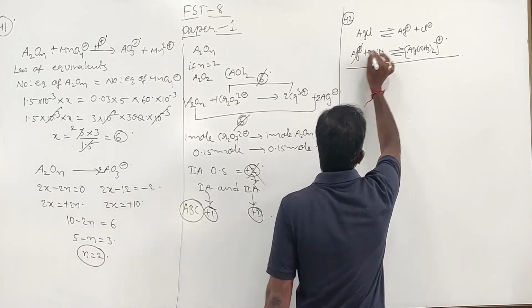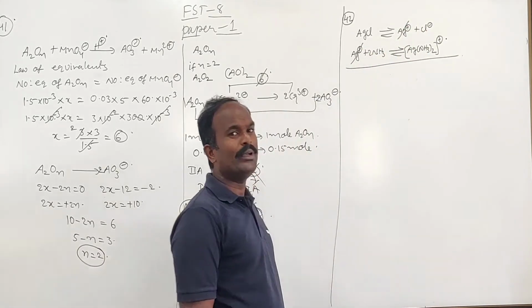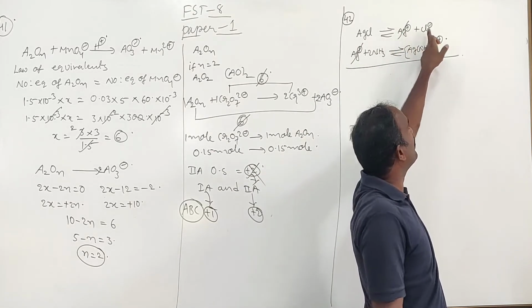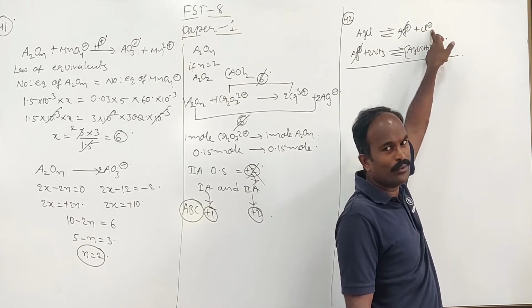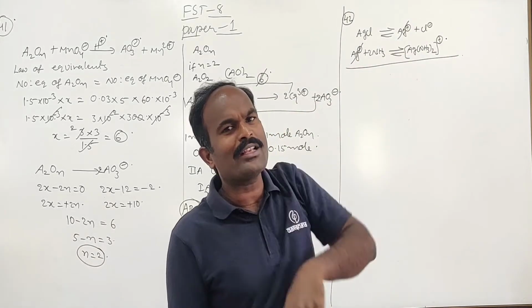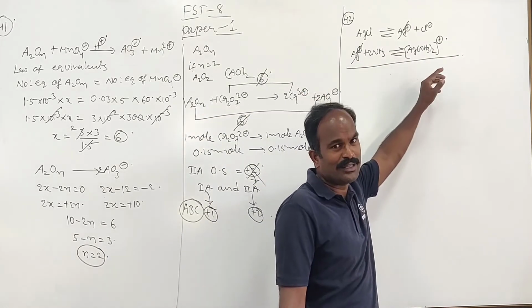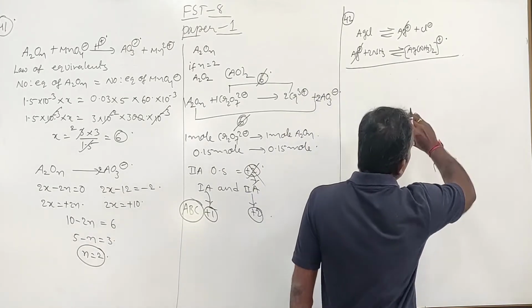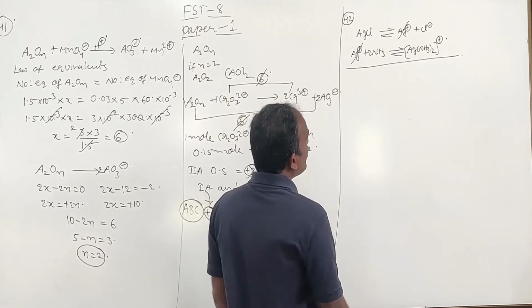Now here this Ag plus gets cancelled. Why am I doing this? Because AgCl will be converted to Ag plus and Cl minus, this is what we know. But that Ag plus, if you add a little ammonia solution to it, will form a complex, because that complex is going to be highly stable. Because of that reason, its solubility is going to be increased a little bit.